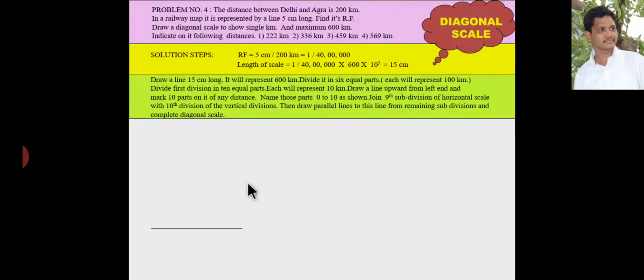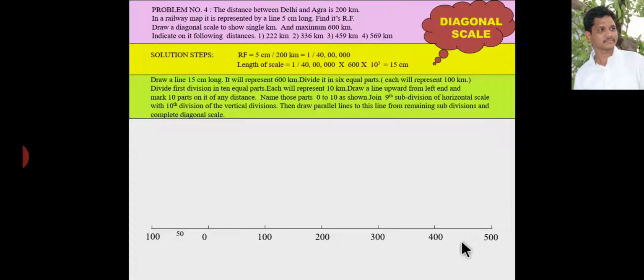First of all, you have to draw a horizontal line equal to the length of the scale, that is 15 centimeters. Divide this horizontal line into equal parts for 600 kilometers, so you divide it into 6 equal parts.